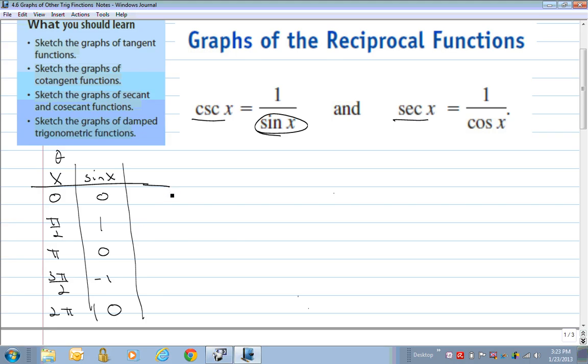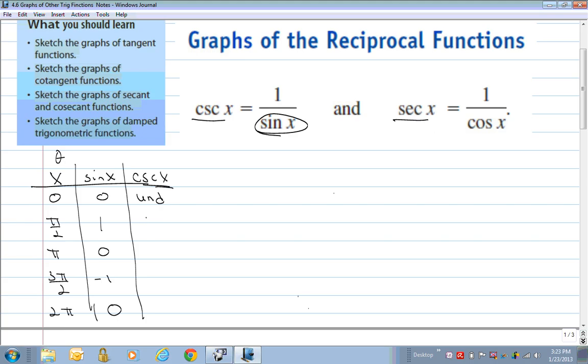So if they're reciprocals, then if we took the reciprocal of the sine value, we would get our cosecant value. So our cosecant values at these particular rotations would be: at 0, if sine is 0, the reciprocal of 0 would be undefined. Ooh, that's going to be kind of tricky.